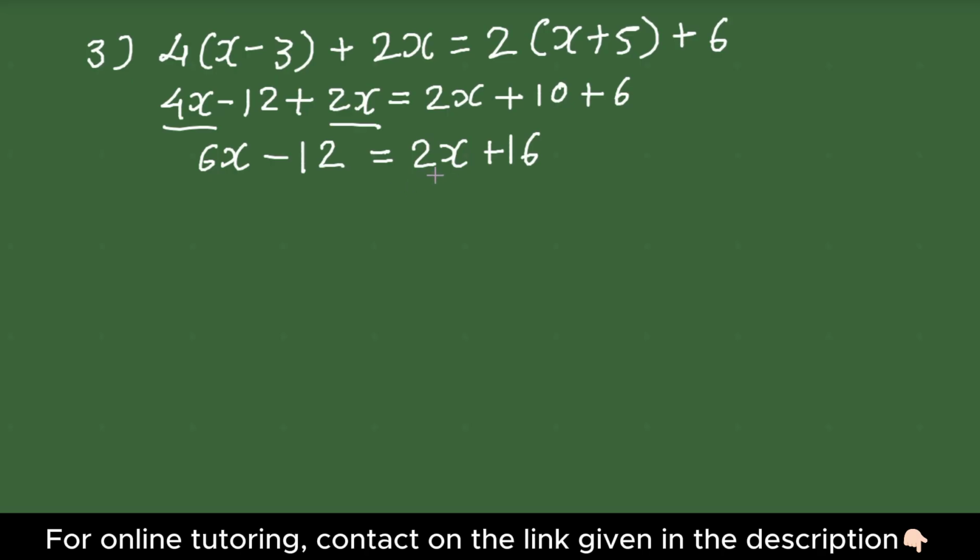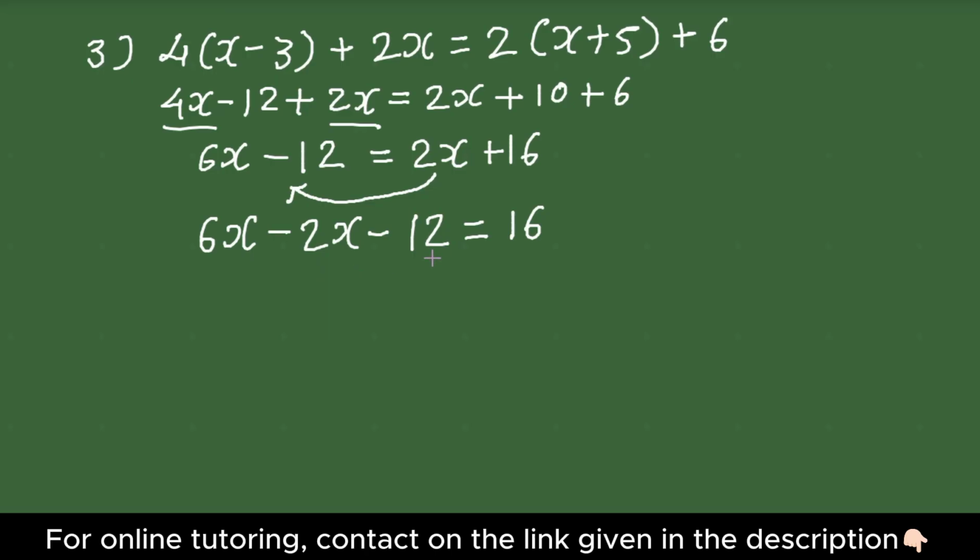So let us bring this 2x on the left side. So plus 2x will become minus 2x. So 6x minus 2x minus 12 as it is, and on the right side we have 16 because we already shifted this plus 2x on the left side.